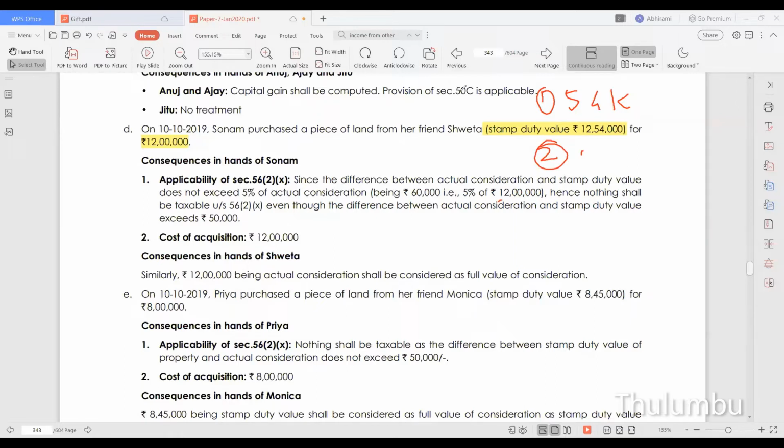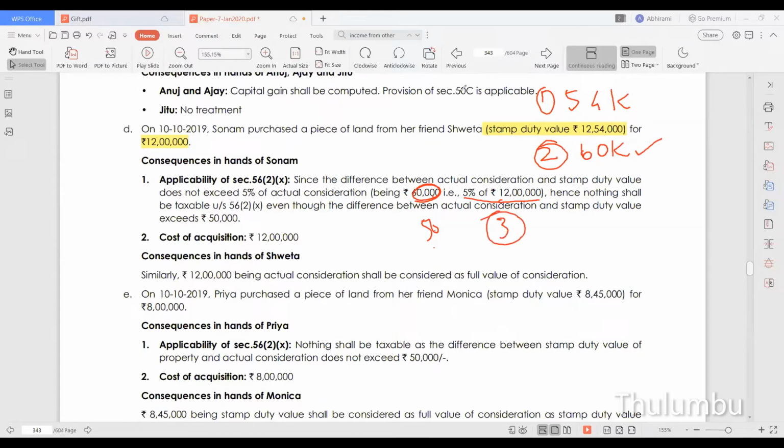So 5% of consideration is 60,000. So my value number 2 is 60,000. So it is 60,000 or 50,000. 60,000 is higher.